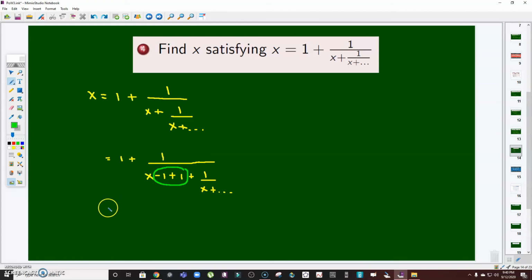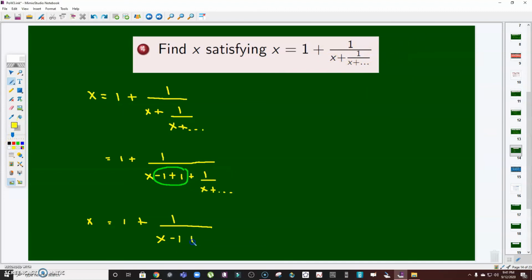So I'm going to have x equals 1 plus 1 over x, minus 1. Take note, this 1 plus 1 over x plus and so on is the given. The part encircled in white is actually the given. So, that is just the same as x.